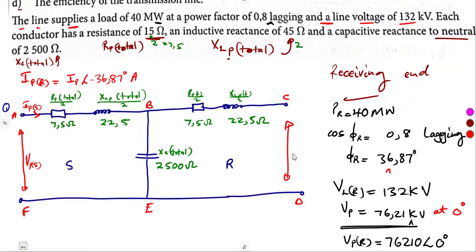Then to the end, we have our VPR, in this case the receiving end voltage, and also the receiving end current, which is the phase value on the receiving end. So just try to have a sketch of the circuit diagram before attempting the questions.